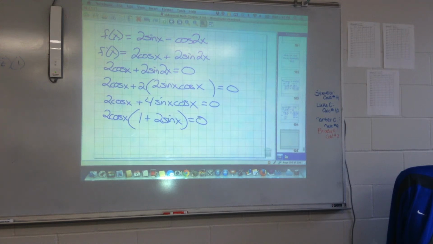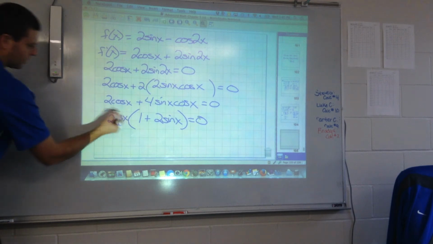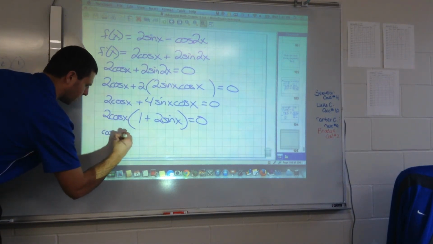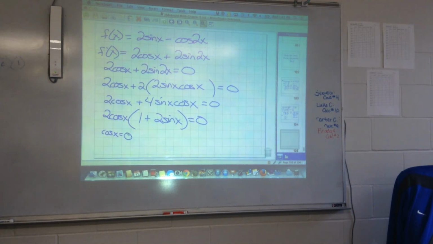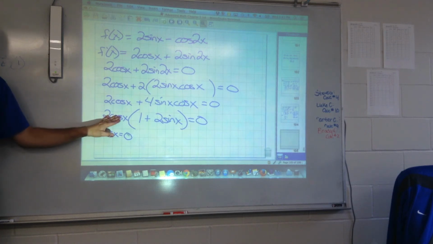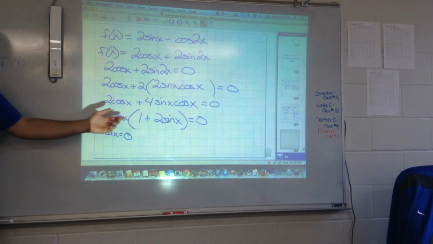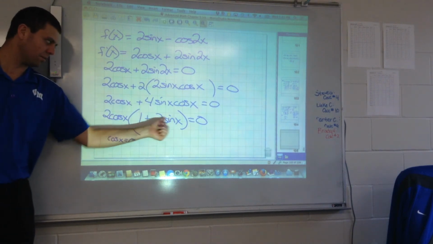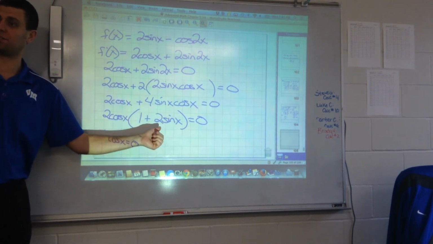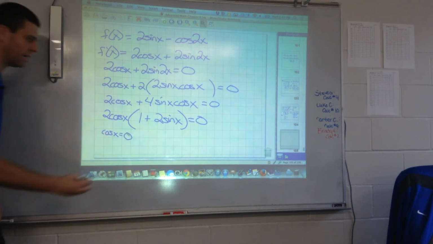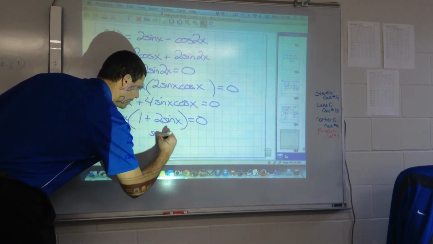What do you do with both factors? Set them equal to 0 and solve. Set this equal to 0, divide both sides by 2, and I get cosine x equals 0. If I set that equal to 0, I'd subtract 1 and divide by 2, I'd get a negative 1/2. So sine x equals negative 1/2.